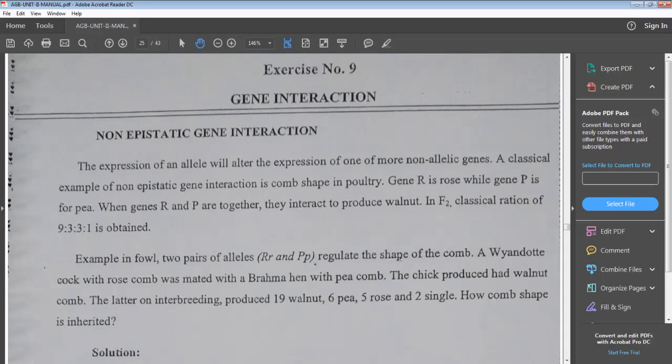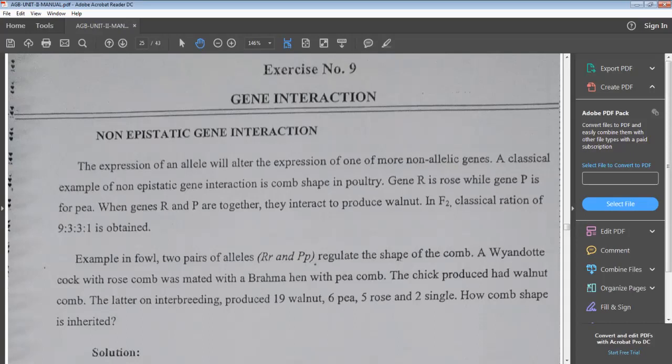Gene interaction, in very simple words, means two genes influencing each other, or other genes. That is gene interaction.